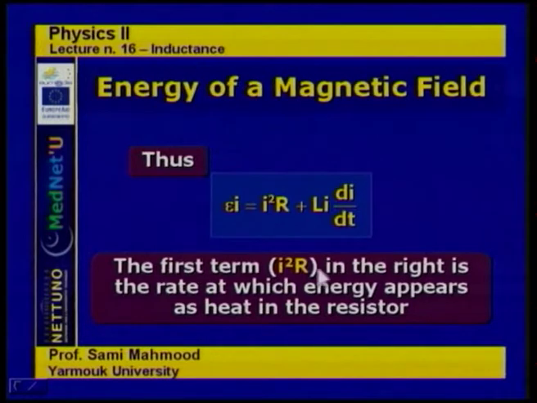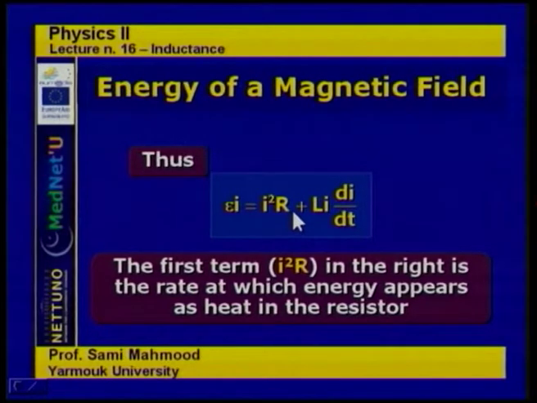We notice that the first term on the right-hand side of this equation, I squared R, is the rate at which energy appears as Joule heating in the resistance.